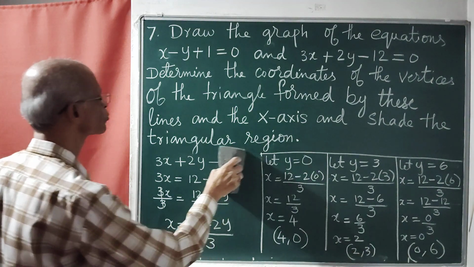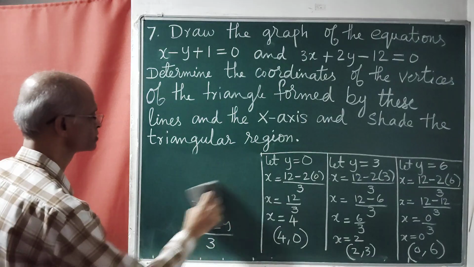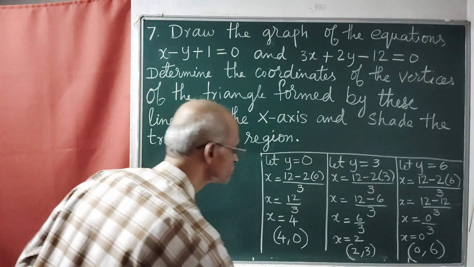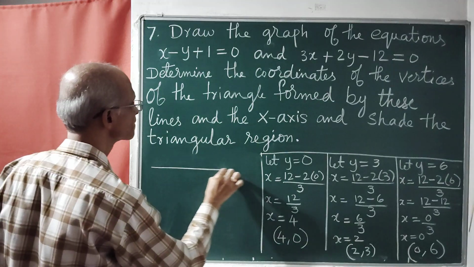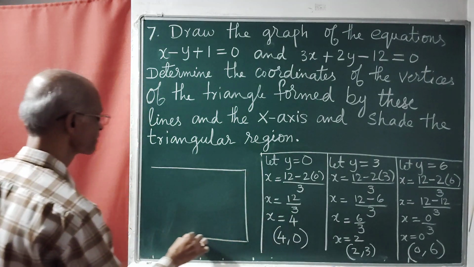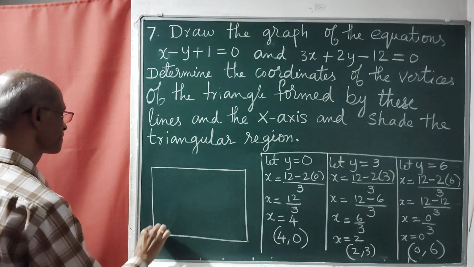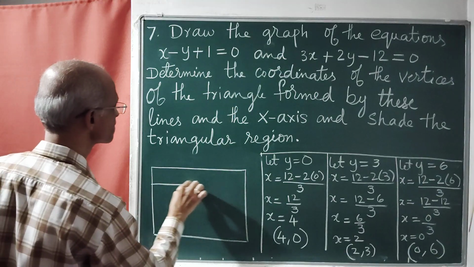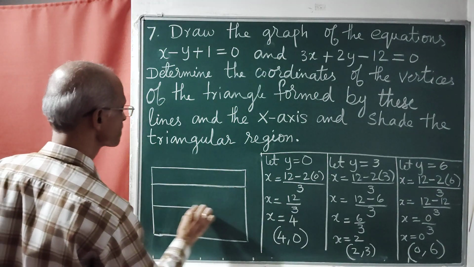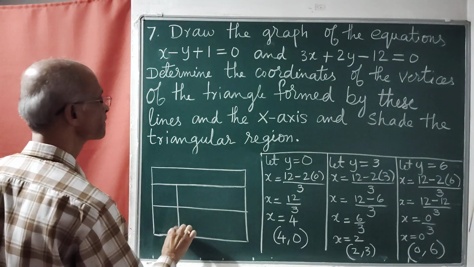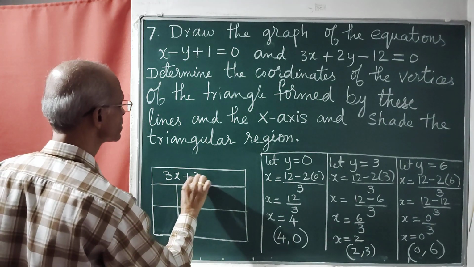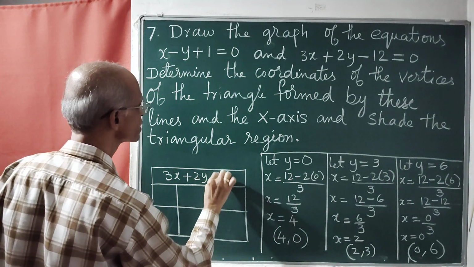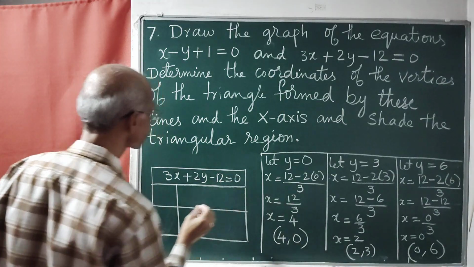Now we will put the values in the box. 3x plus 2y minus 12 equal to 0.